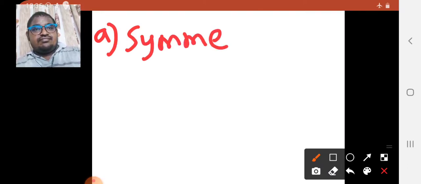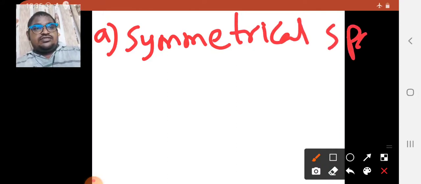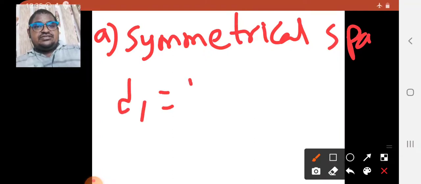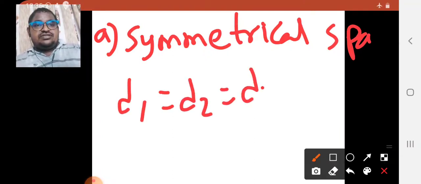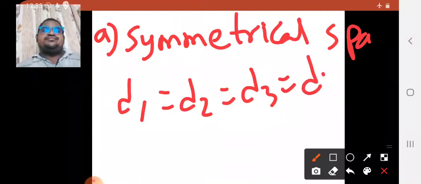So for symmetrical spacing, we can write d1 is equal to d2 is equal to d3 is equal to d.